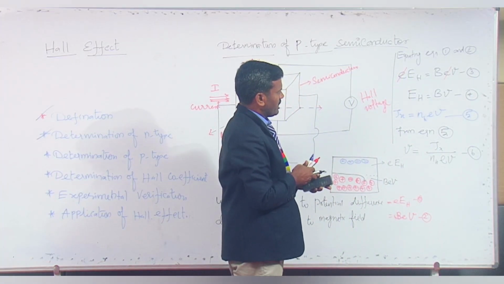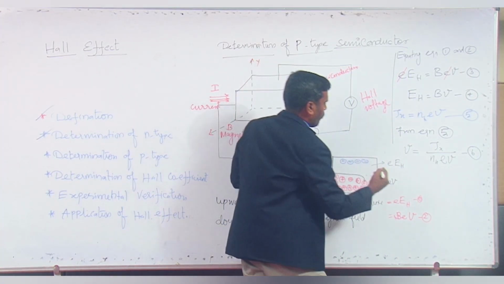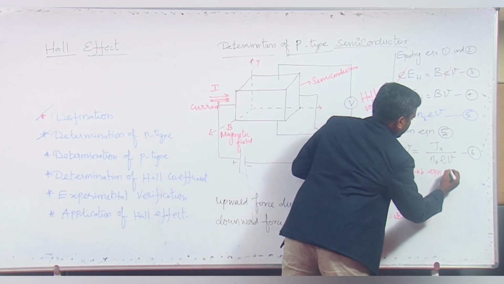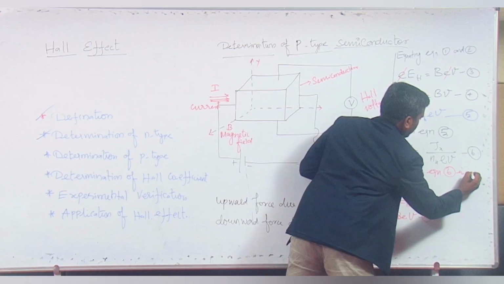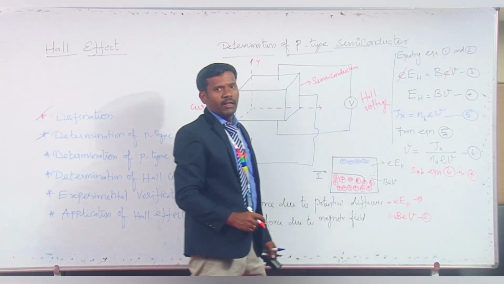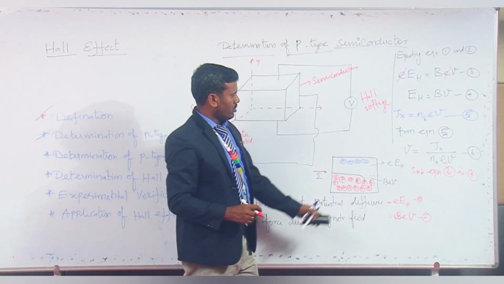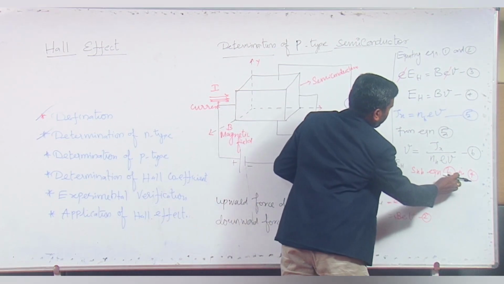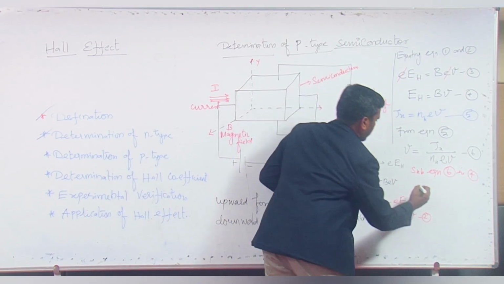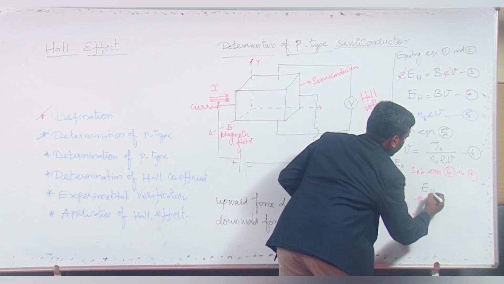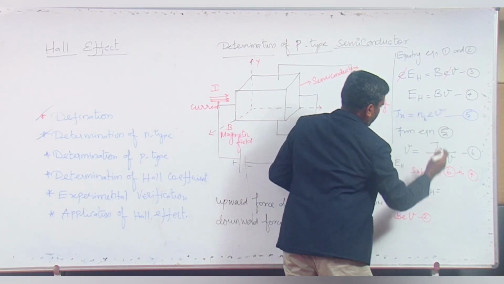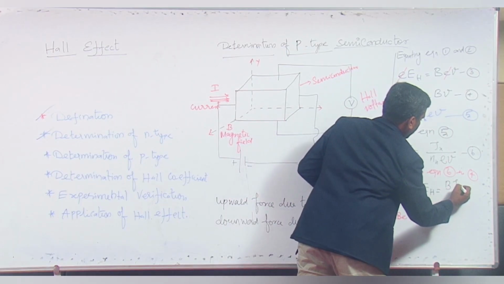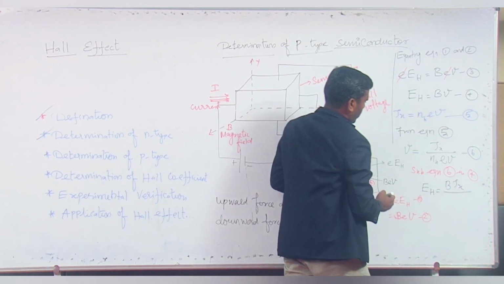Now substituting equation 6 in 4, the Hall field EH is equal to B, instead of the v value, Jx by NhE.